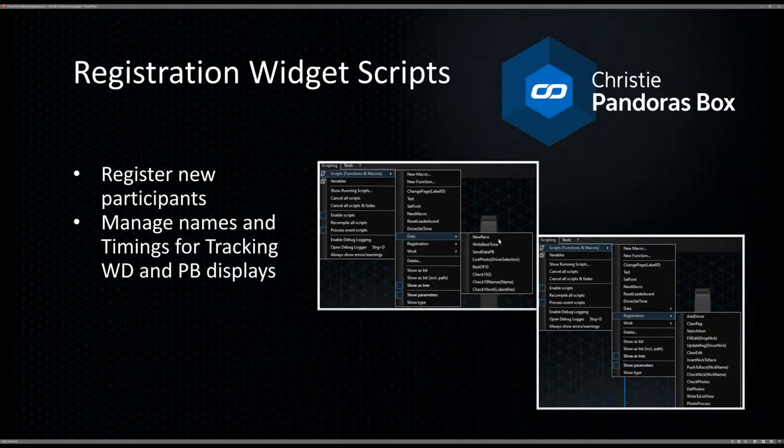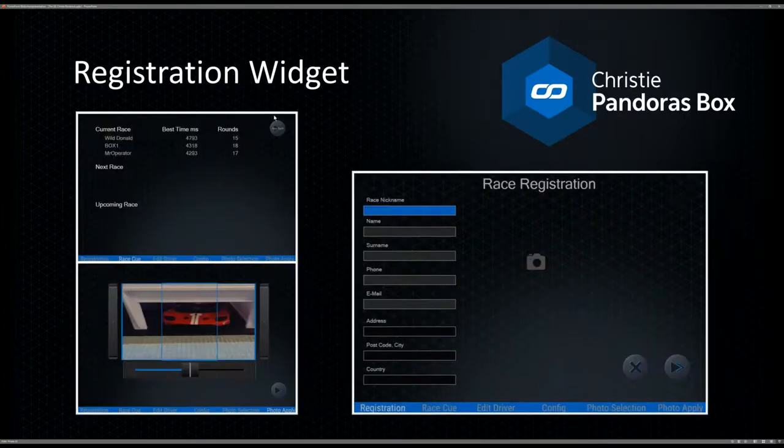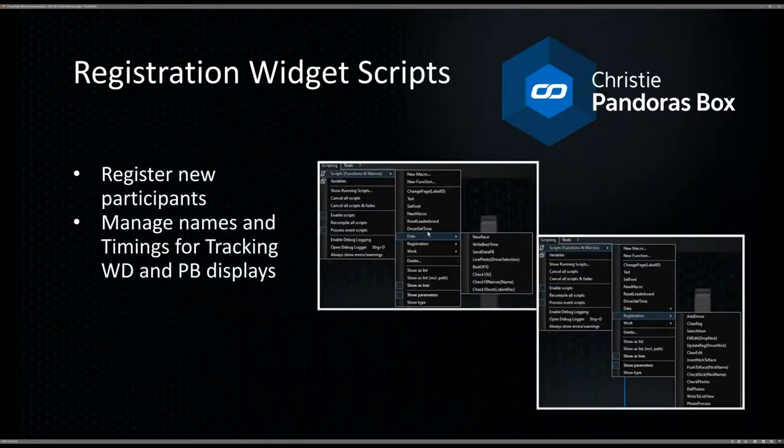So let's see, new race. This is a macro which is behind the button to start the race. This one here, and so there is the information. Push the data to current race, and move everybody up.